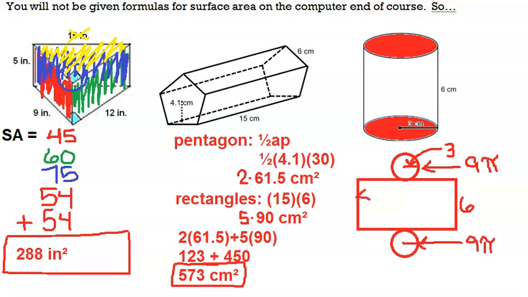So in this case, look at your circle. If the radius is 3, the diameter is 6, which means the circumference is 6 pi. Which means the area of the rectangle is 6 times 6 pi, which is 36 pi.